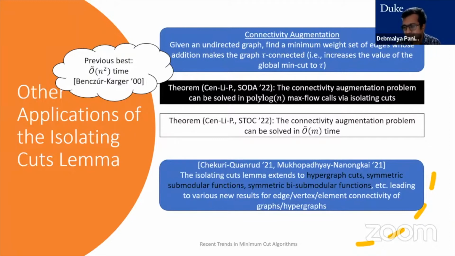So element connectivity is this sort of hybrid between edge and vertex connectivity, where you partition the vertices into terminals and non-terminals, and the non-terminals operate like edges, the terminals operate like vertices. So it's a bit of a complicated problem, but it has some interesting applications, and you can actually extend isolating cuts to handle these kinds of more general problems.